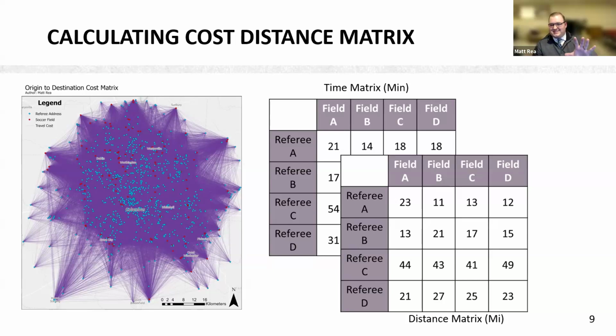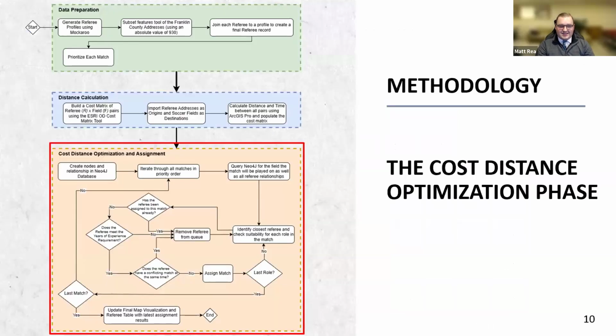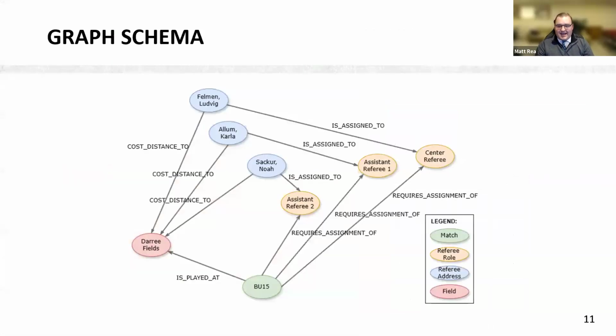Now, it didn't present it in such a pretty matrix such as this, but I wanted to be able to utilize this data in a way that made sense. And so I had to put it into a format that really helped me define the relationships between all of the entities within my project. So that leads me into the cost distance optimization. To do that, I put it into a graph. And I had to define the graph schema for what it would look like for a referee to be assigned a match.